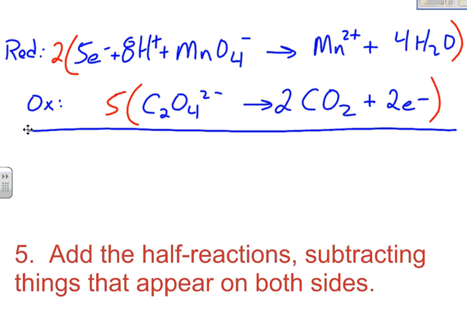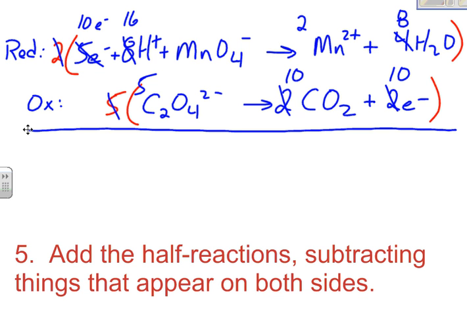So if we multiply the 2 through, I have 10 electrons, I have 16 hydrogens, I'll have 2 of the manganese ion, and 8 waters. And if I multiply this one through by 5, I get 5 of the oxalates, I get 10 of the carbon dioxide, and 10 electrons.